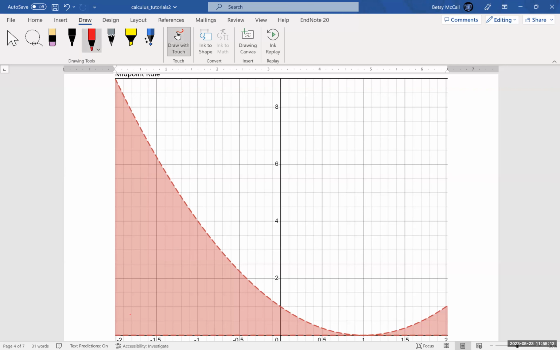So in this case, the rectangle is here, but we want the height to be dependent upon the height at the middle of the region. And then same thing for this one, the height is here.